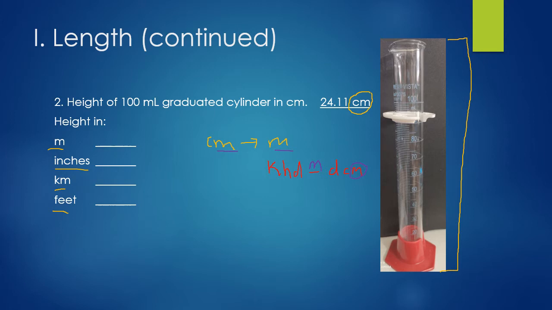Okay, so to do this conversion, you're going to start at the centimeters. That's what our original units are in, and we're going to go to the middle base, meters. So for that, we just need to move our decimal point 2 spaces to the left. Start at the decimal, move it 2 spaces to the left.